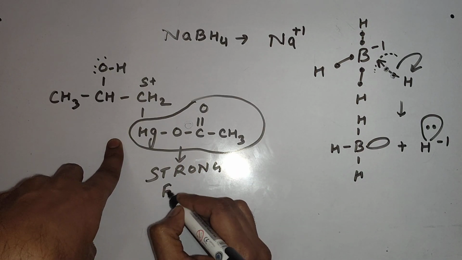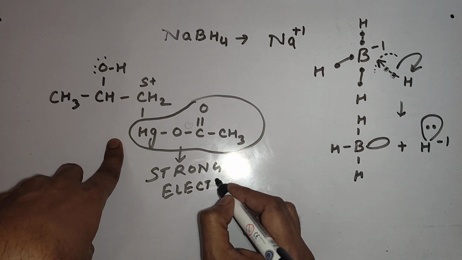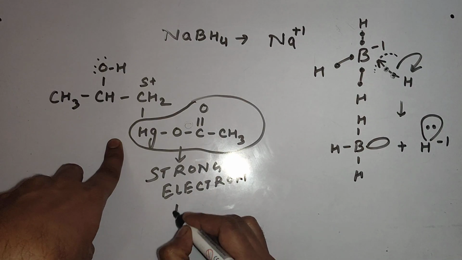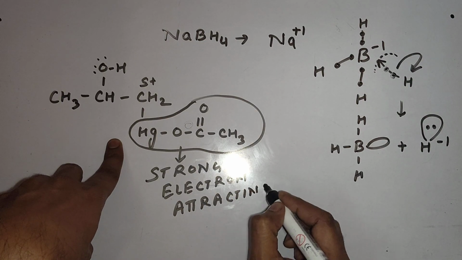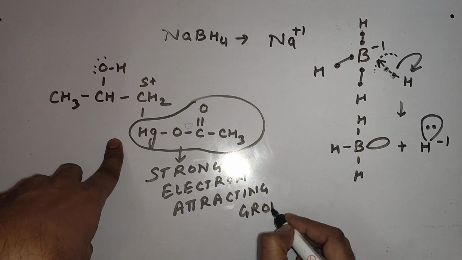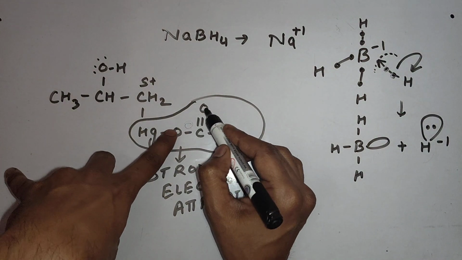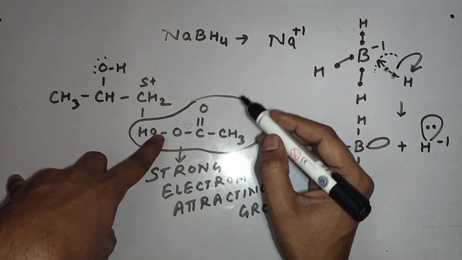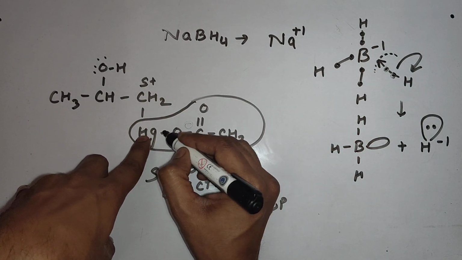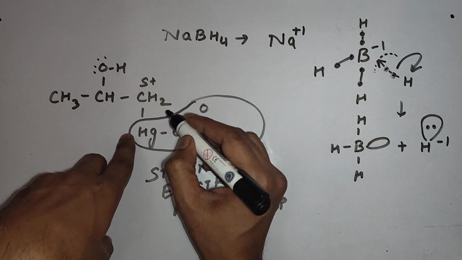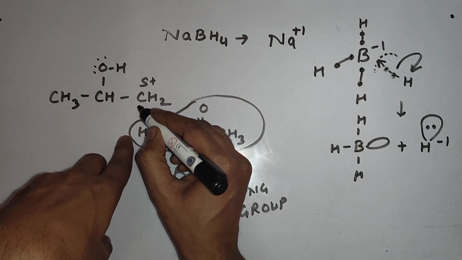a strong electron attracting group. Due to the very high electronegativity of these oxygens, a strong -I effect is generated. This whole group is attracting electrons from the carbon side.